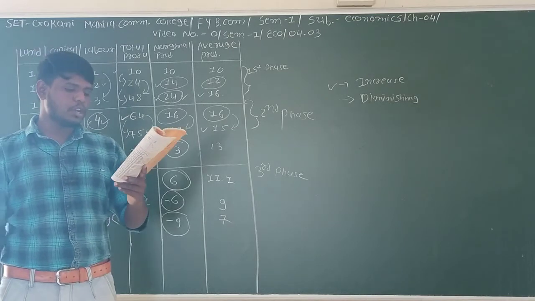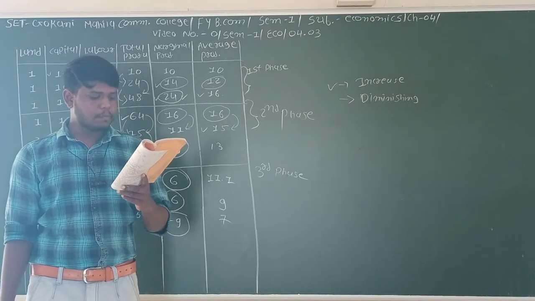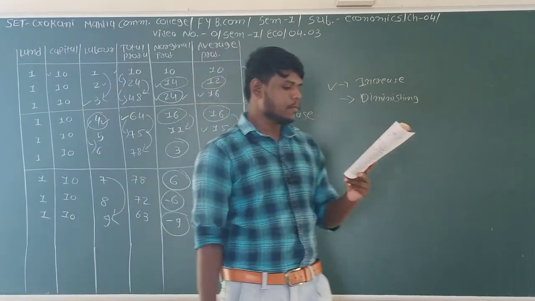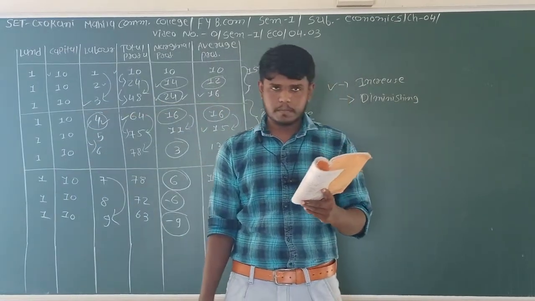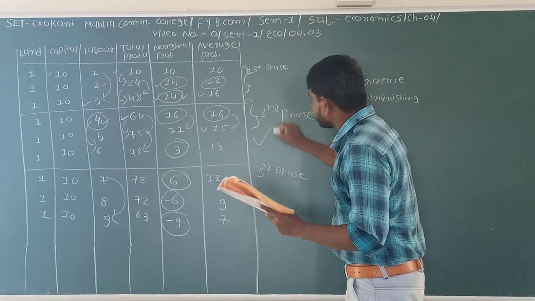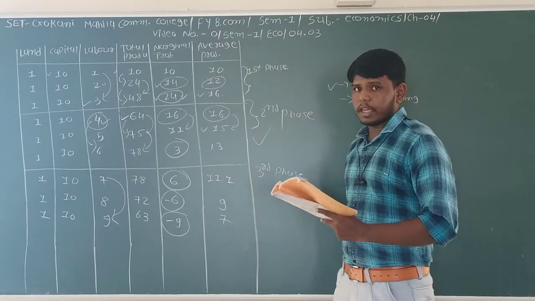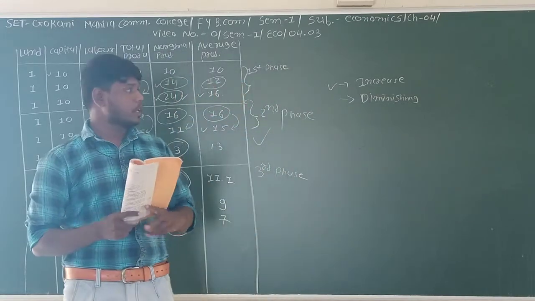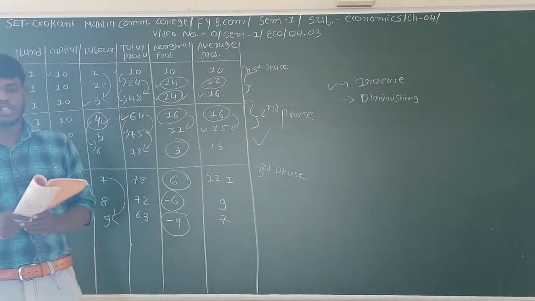From the above mentioned trends of production, it can be said that from the second phase, the law of diminishing returns starts operating.